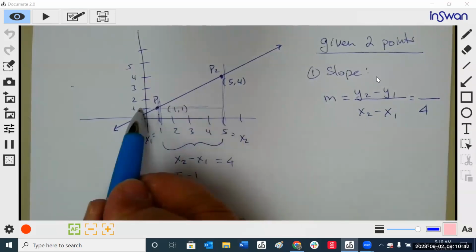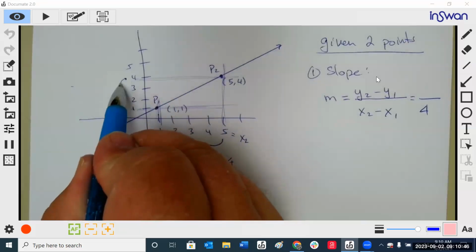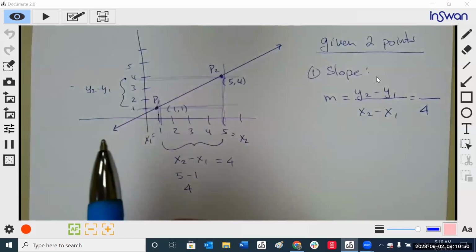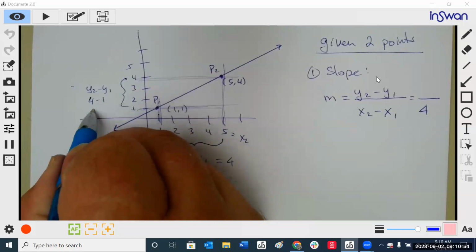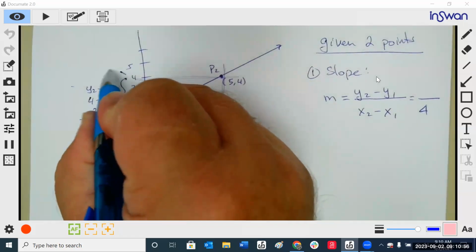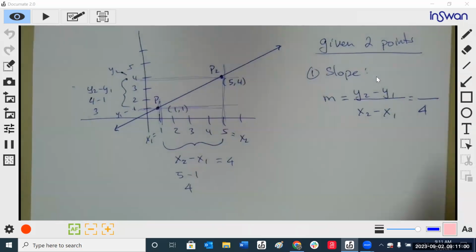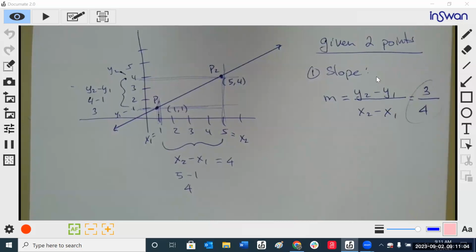Or vertically, we're going from that one to that one. So that is y2 minus y1, which is 4 minus 1, which is 3. This is y2, this is y1. So there is your slope.